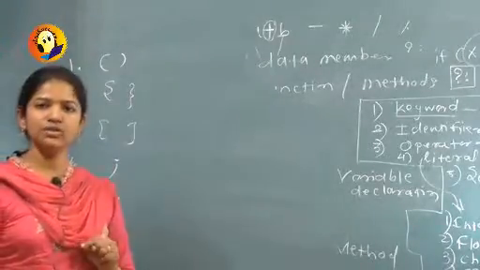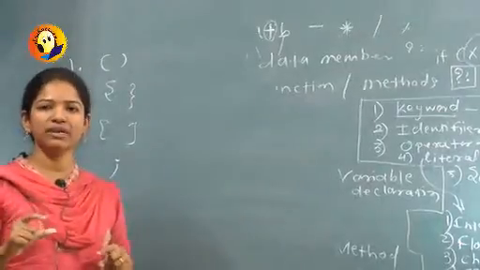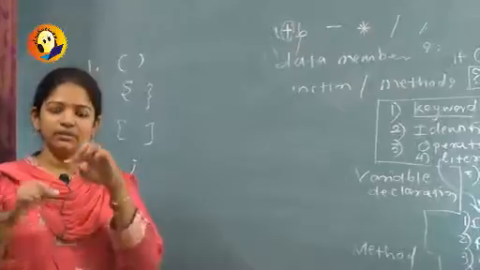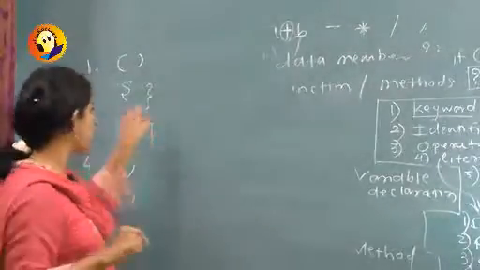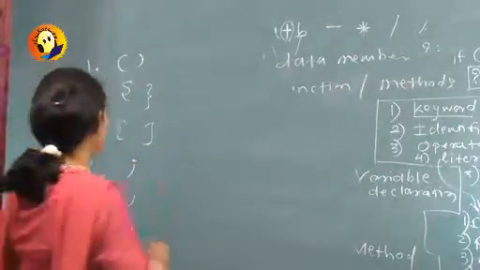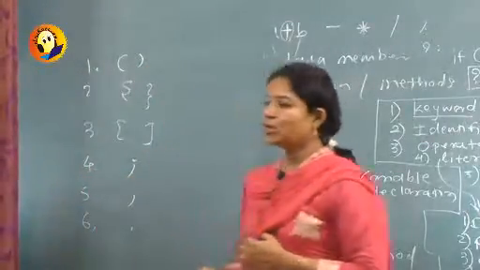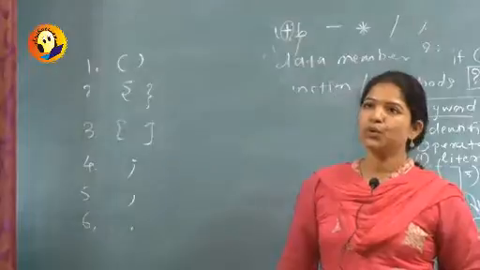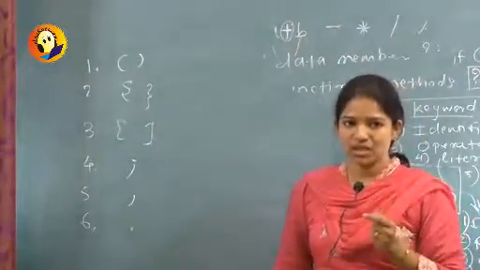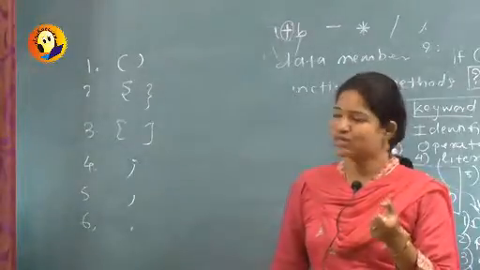Separators are mainly used to provide separation between Java statements or between parts of a Java program. The first separator is the round bracket. Round brackets are mainly useful to provide arguments to a function or to provide expressions in case of iterative statements.